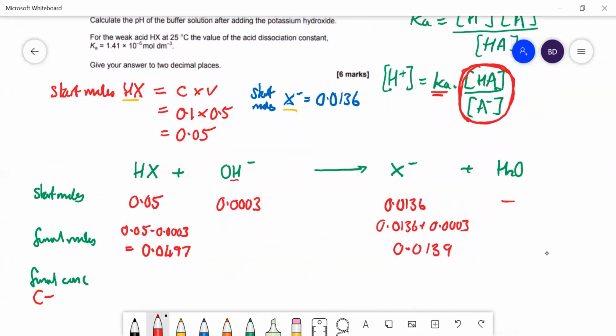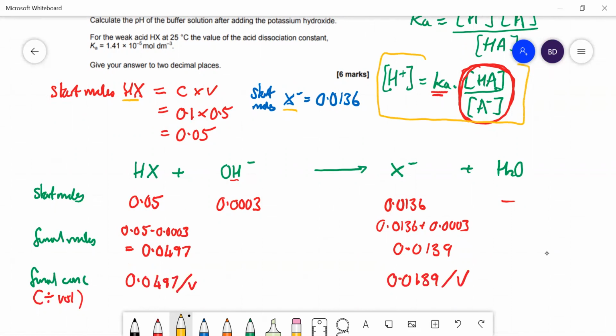We don't know the volume because they don't tell us the volume of potassium hydroxide, but that doesn't matter. We're just going to call the volume V, and divide by V: 0.0497 over V, and you'll see these V's are going to cancel out. 0.0139 divided by V.